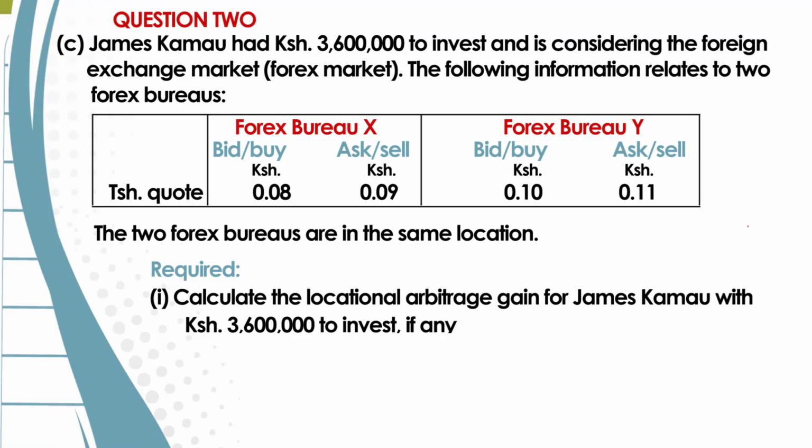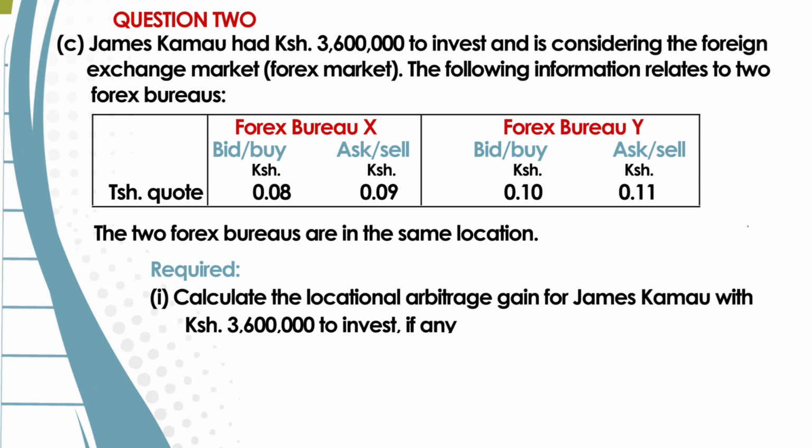We are told that James Kamau had 3.6 million to invest, all right? And he is considering the foreign exchange market. So there are two forex bureaus X and Y with different exchange rates. So you are to calculate the locational arbitrage gain.